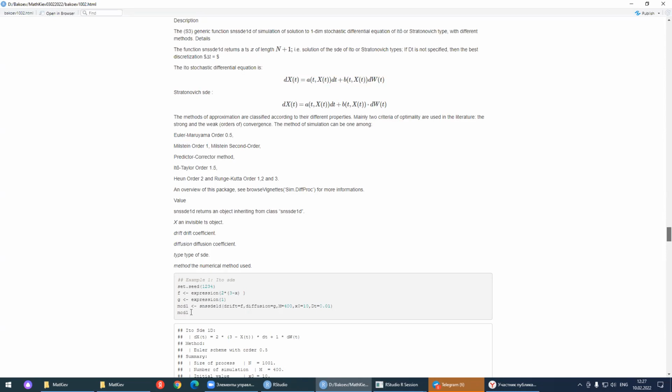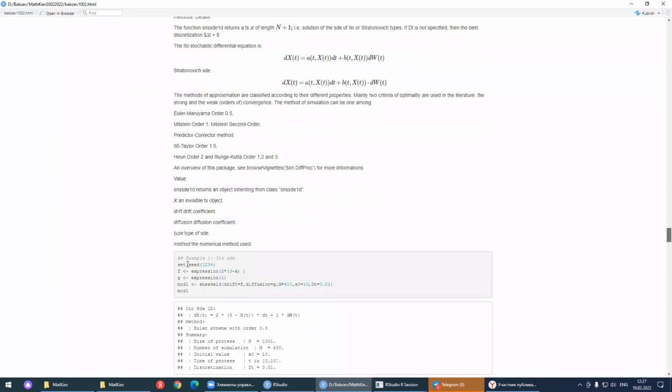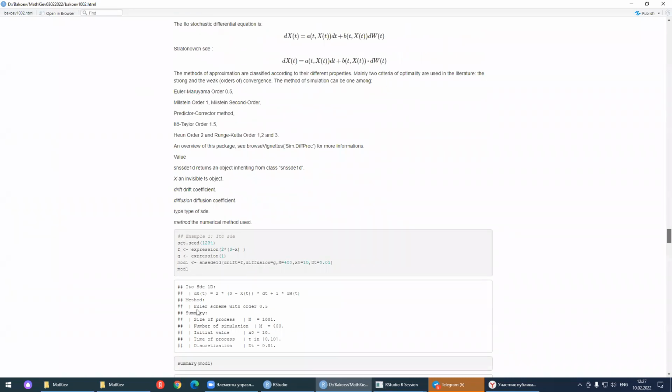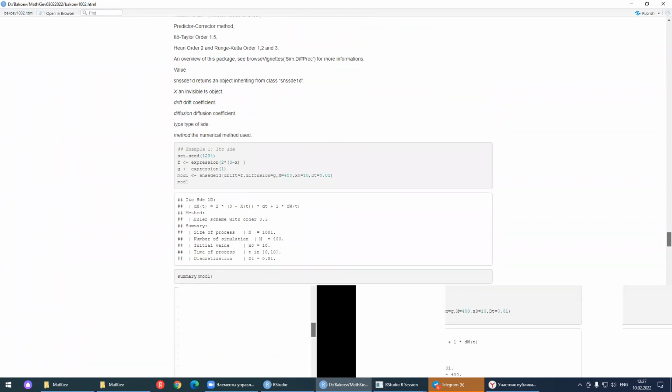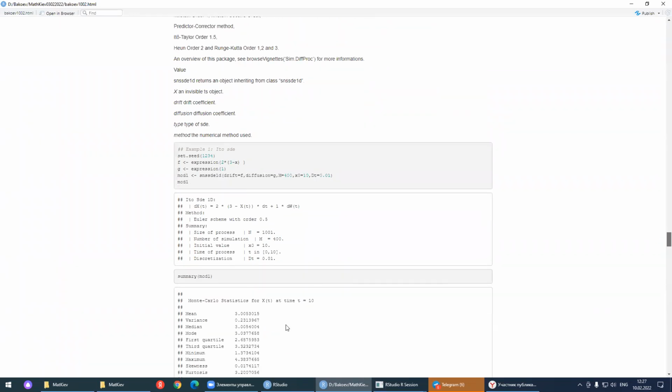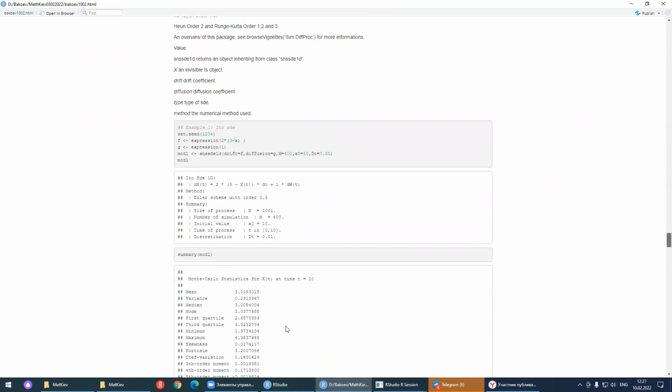Mod 1 gives the statistical characteristics of the solution of this equation. The summary gives the initial value summary. In mod 1, there are the mean value, variance, median, mode, first quartile, third quartile, minimum, maximum, etc. The summary of xt is here.